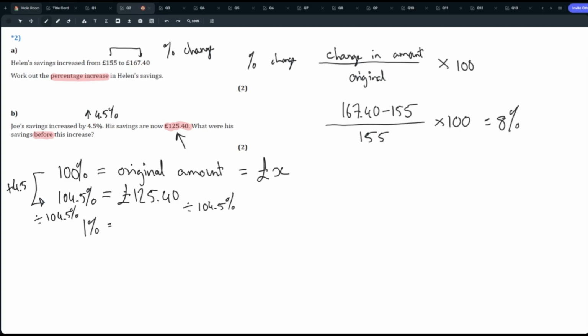Now if I divide that by 104.5%, I get £1.20. That's 1%. So that means 100%, which is what we're looking for, remember, because that's the original amount, would be worth £120. And that makes sense because our original amount should be below £125.40, because this is after going up by 4.5%. And that is finished.